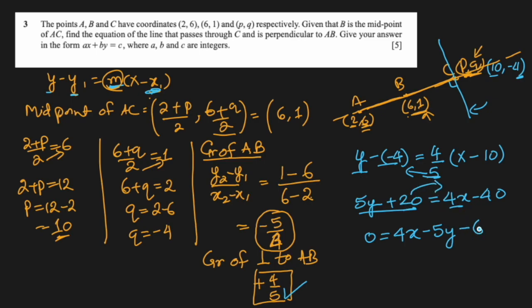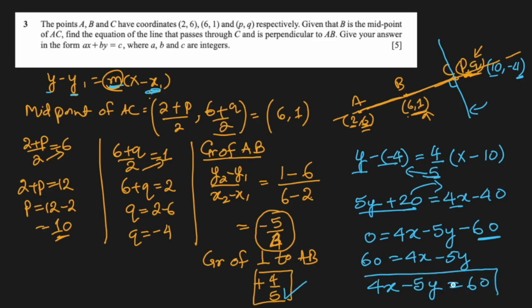So negative 60. So let's bring this 60 to the left side again. Positive 60 equal to 4x minus 5y, but in that format we can interchange their places. Final equation becomes 4x minus 5y equal to 60. A is 4, B is negative 5, and C is 60.